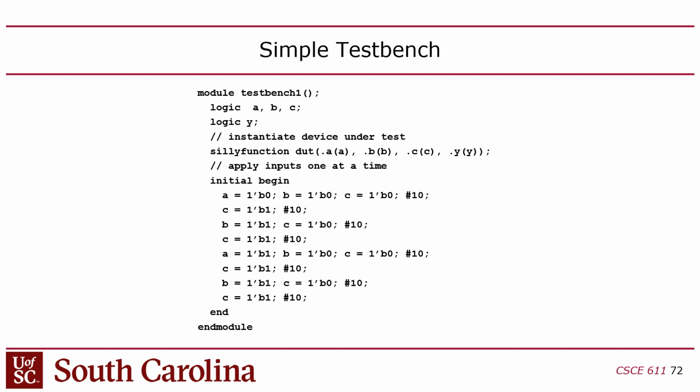So basically, you set A, B, and C, and then I just give it enough time to do its thing. So #10 semicolon. By the way, this is what automatically disqualifies this from being synthesized. You cannot synthesize any module if it has this hashtag thing in it, because you can't design hardware and have it delay for 10 time units. At least not without having a clock and then counting cycles on a clock, some kind of external time reference, right?